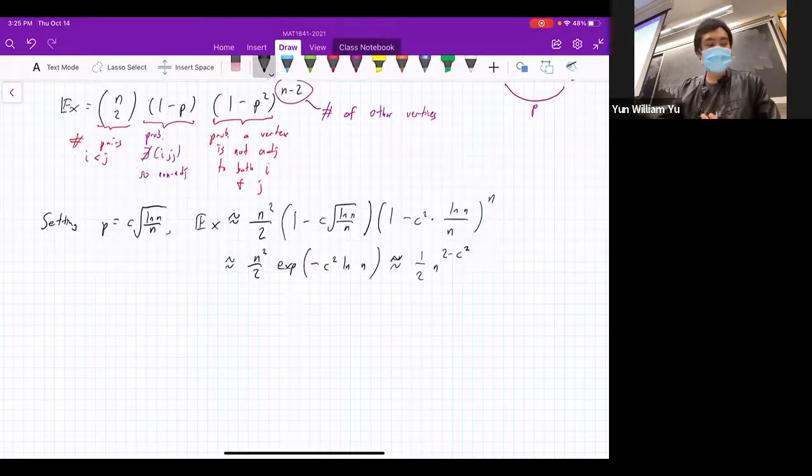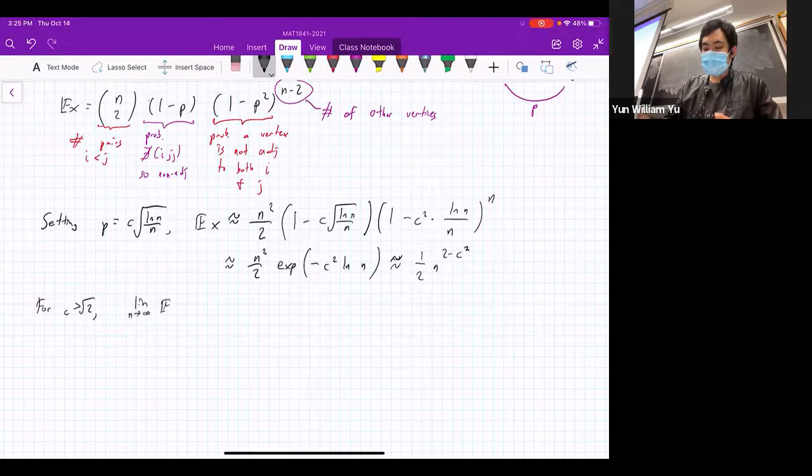Okay, but now we can say what happens for c greater than root 2. Well, the limit as n goes to infinity of the expectation of x is equal to 0, right? Because it keeps on getting smaller. So in the expectation, you don't have any bad pairs when c is greater than root 2 for large n.